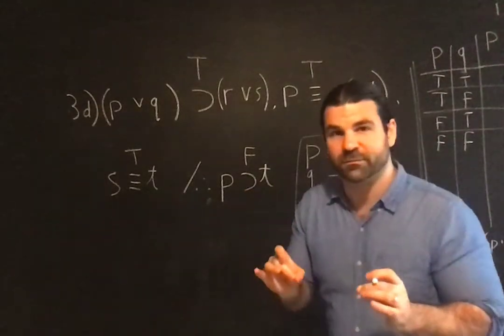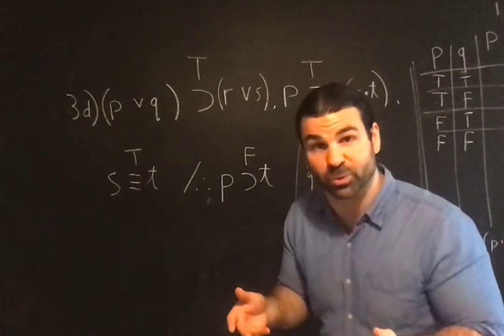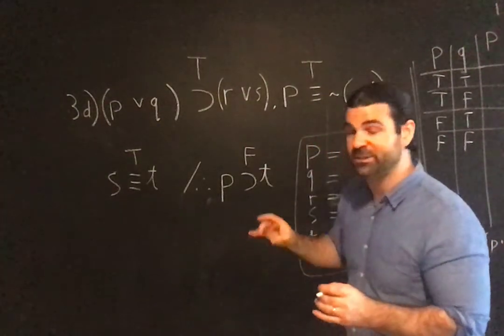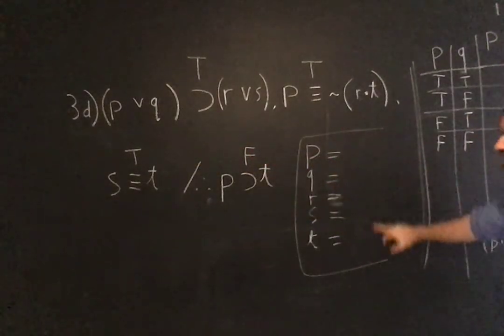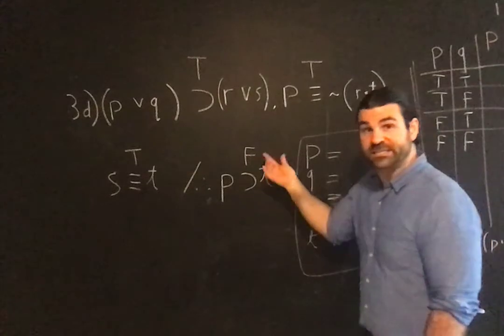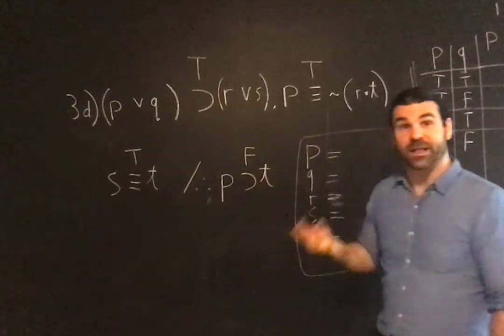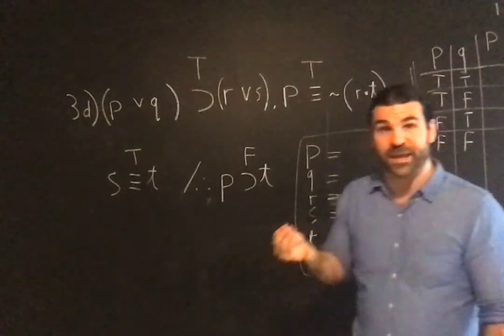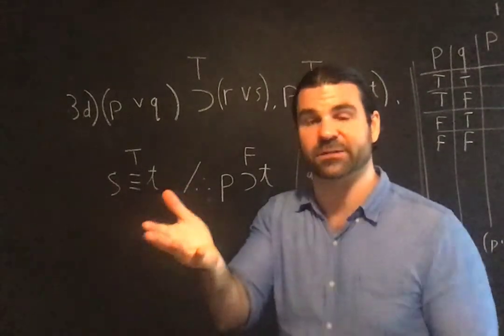If I can find an assignment of truth values to the components that is consistent with this assignment, if I can fill in this box with P's and Q's, consistent with what I've already done, which makes the premises true and the conclusion false, then the argument is invalid. I've presented a counterexample and it is invalid.